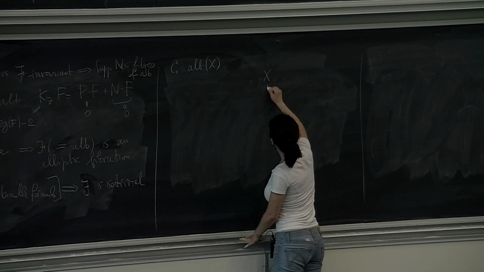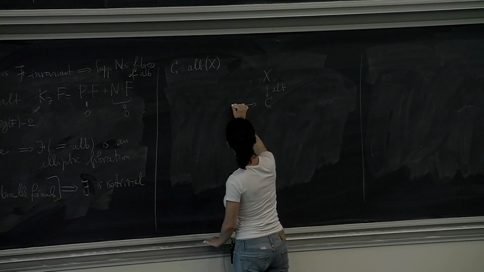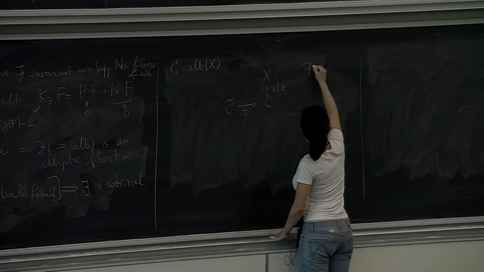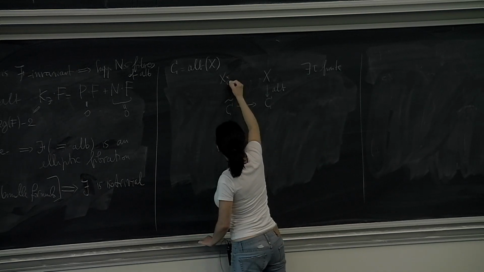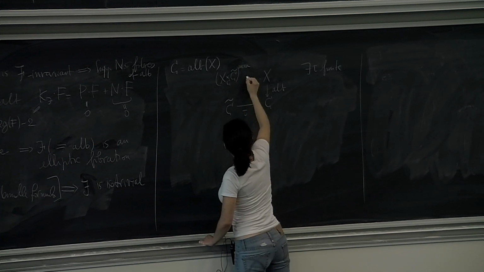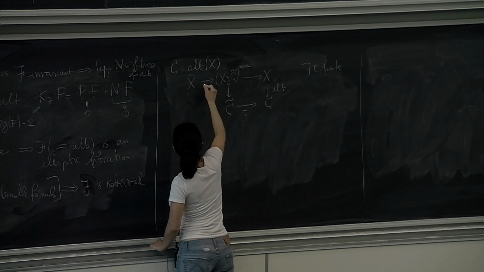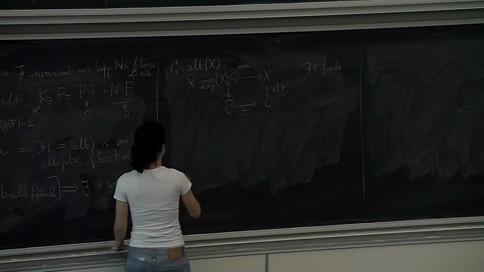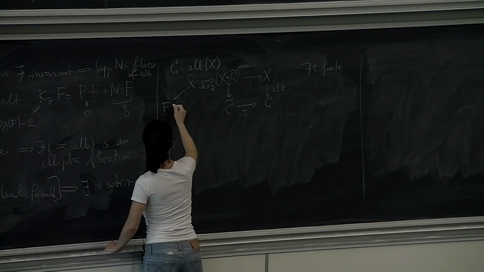Isotriviality for elliptic fibrations means that there exists a finite base change such that, if we take the main component of the fiber product and take the desingularization, this desingularization is birational to a product.